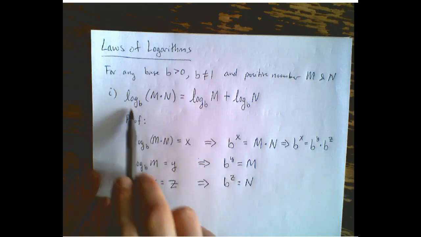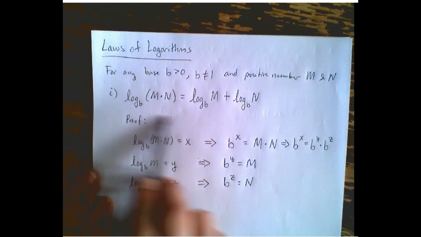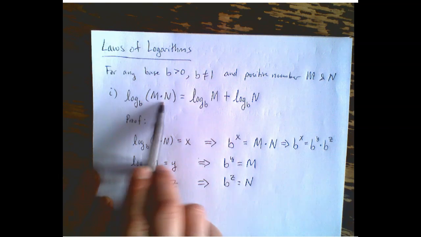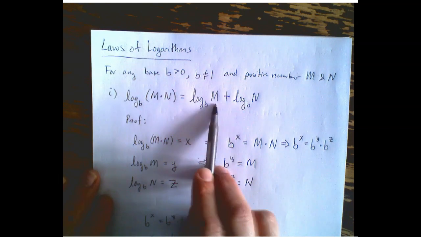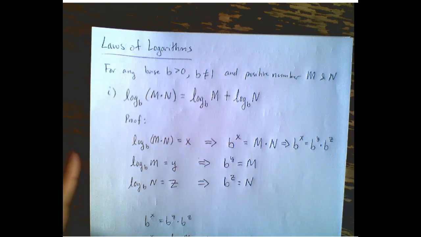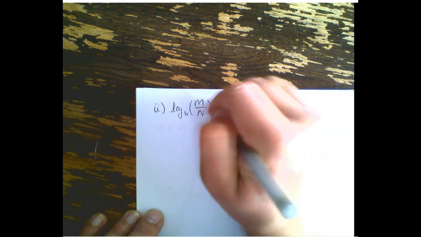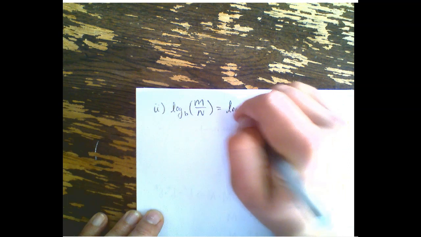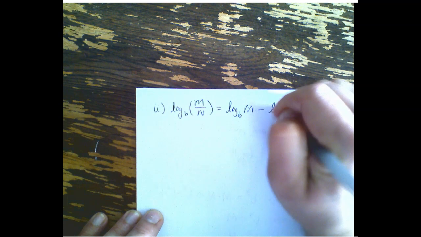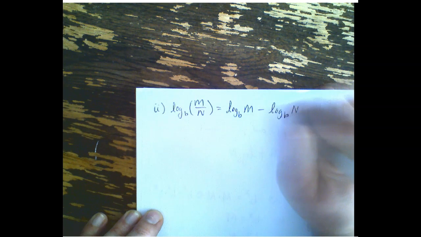Okay. So, what we're doing is just utilizing this property to expand this log, or we could go backwards and collapse this log. Okay. A couple more properties or laws of logarithms. It deals with division. So if we have m divided by n, that's the same thing as log base b of m minus log base b of n. So when we do a division, it turns out that we can actually do a subtraction.